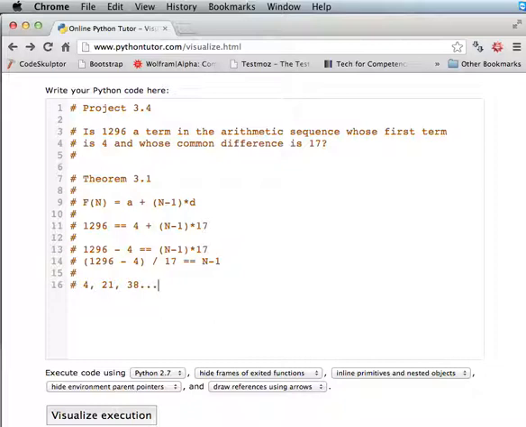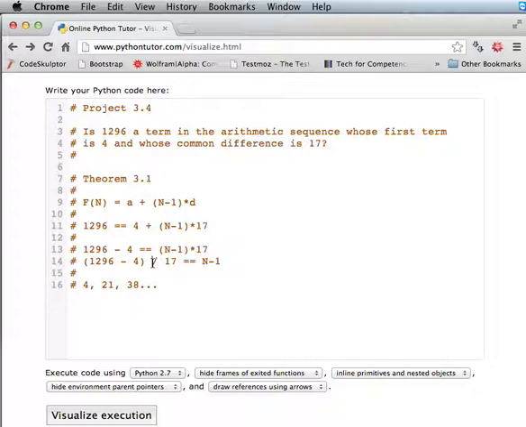We keep adding an integer. So every term in that sequence is going to be an integer, right? So this n has to be an integer. And if you subtract 1 from an integer, you get another integer, right? So that means that this division has to equal an integer. It has to be an integer.